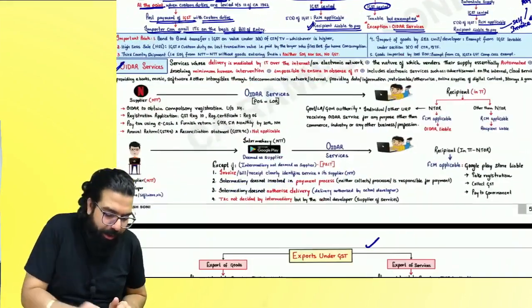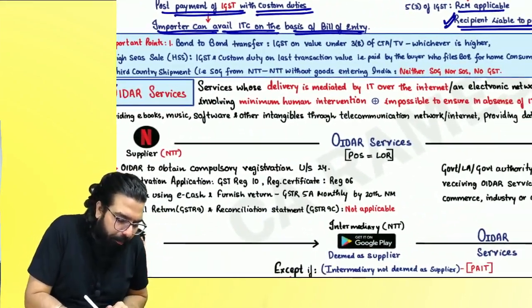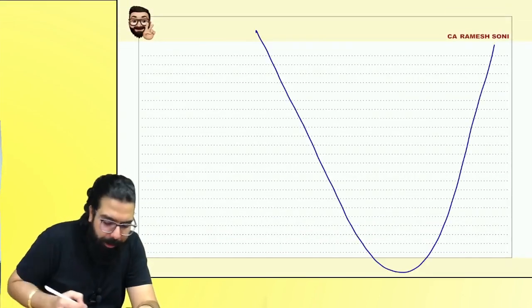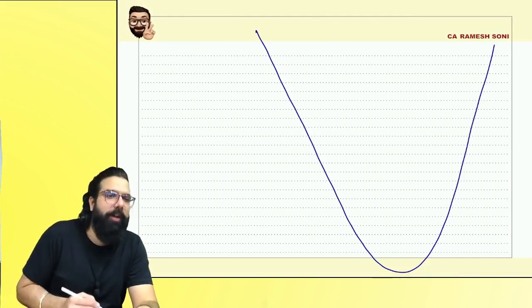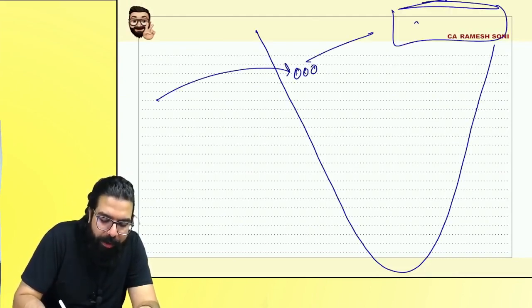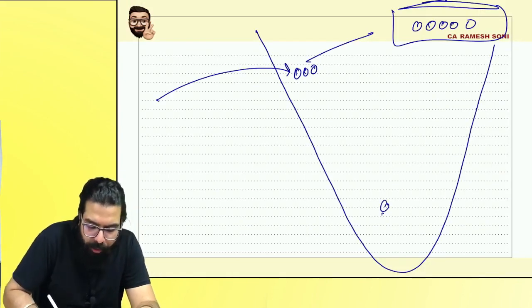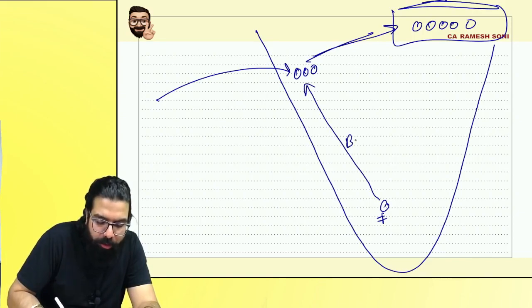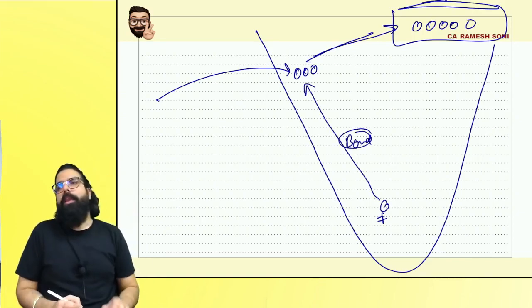Now, everyone, I have some important points with respect to bond-to-bond transfer. People, tell me one thing. Do you remember what is a bond-to-bond transfer? Your goods came in India. You filed a bill of entry, you transferred the goods to the warehouse, and you gave a bond.